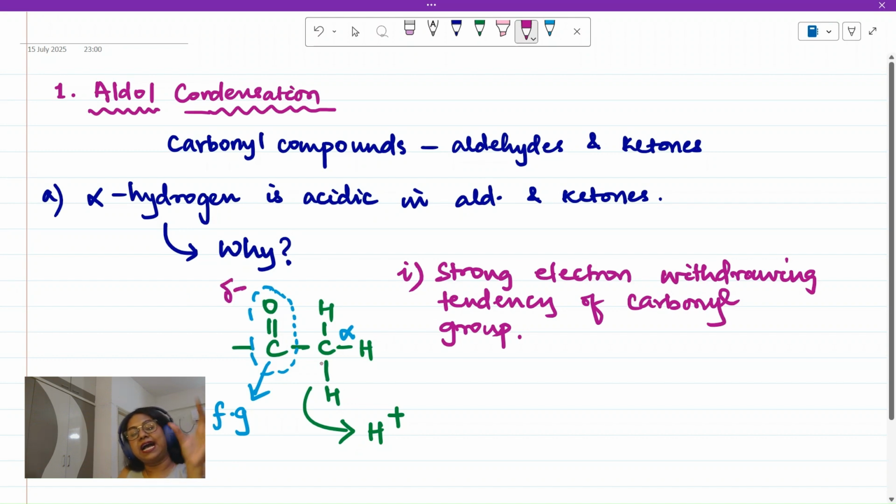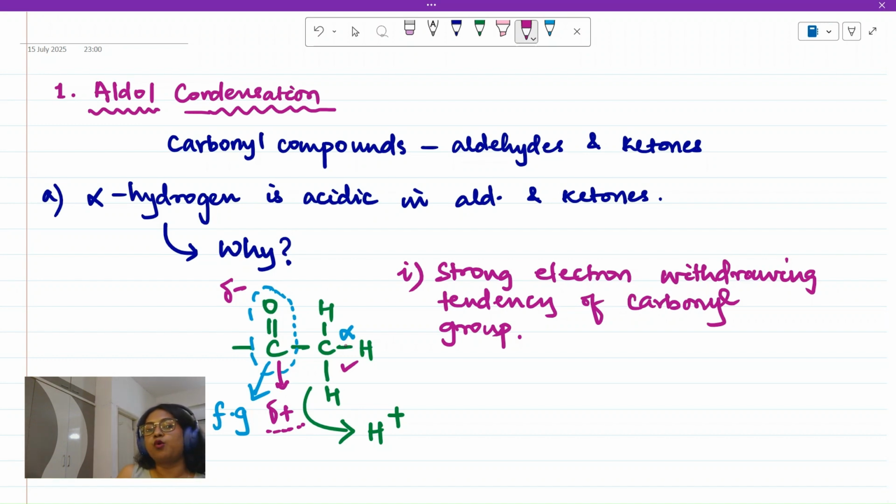The carbonyl carbon gains a partial positive charge, delta plus. Because of this, electron density from the adjoining alkyl group, the alpha carbon, will be pushed towards that carbon because it is experiencing a lack of electron density, being partially positive. When electron density is pushed towards that carbon, this hydrogen is more than willing to give up its electrons and go away as H plus.